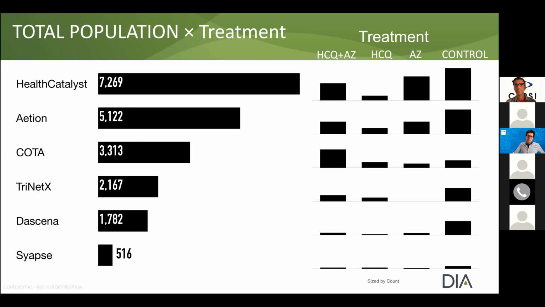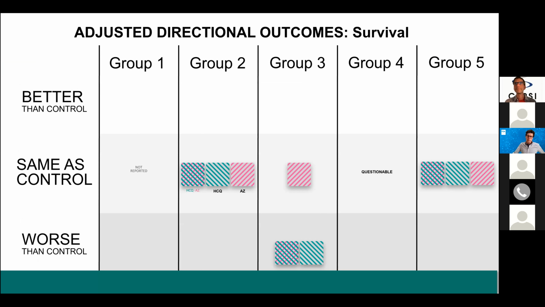And then just to jump to the results, this is titled Adjusted Directional Outcomes. These are the survival results. There are also results on safety, and then a number of results just describing the patterns of care and the demographic characteristics of patients in these different treatment groups.